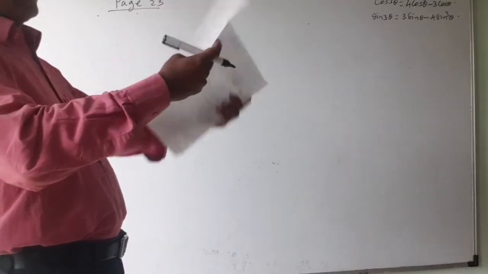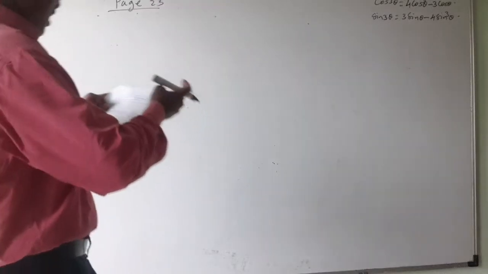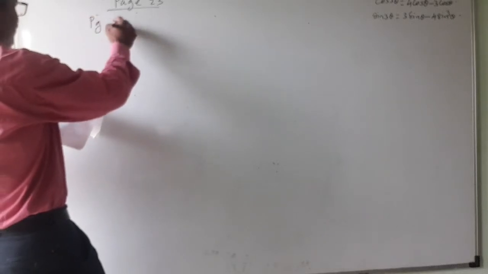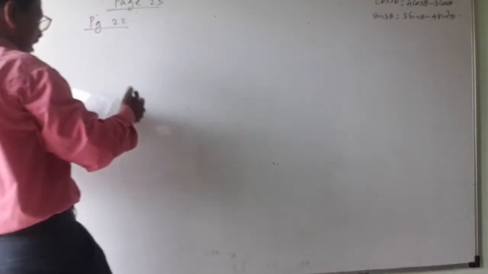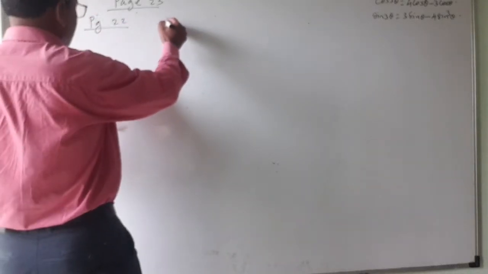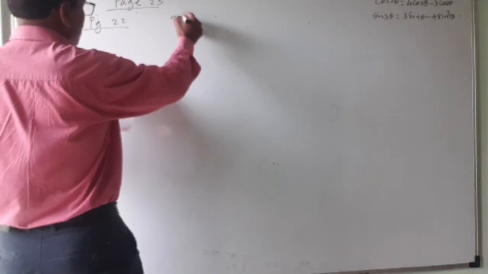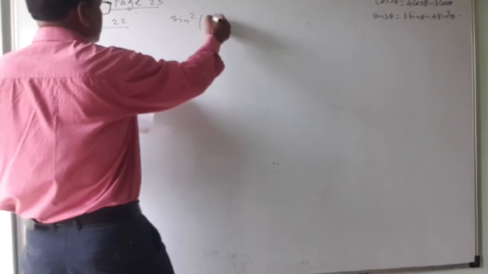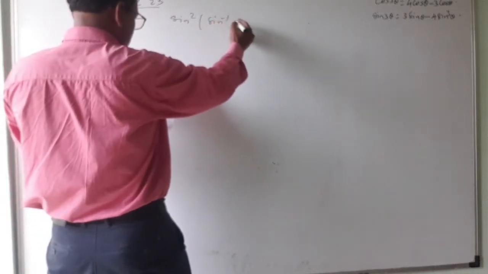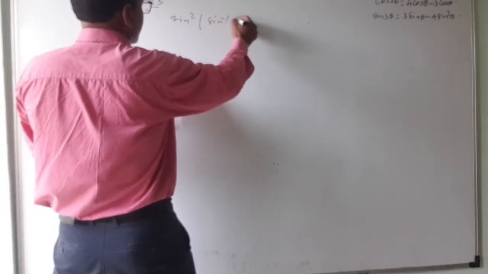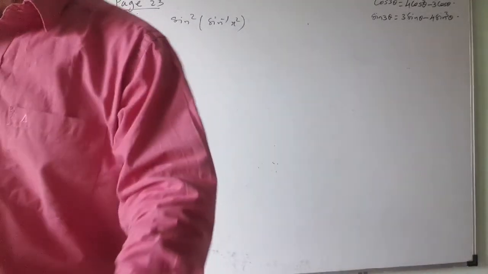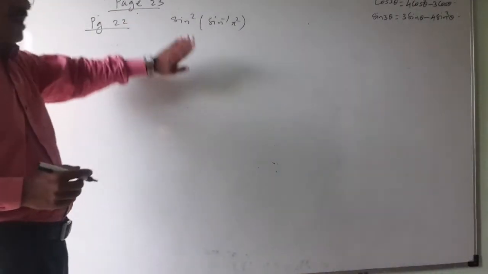One another question, yes, on page number 22, that I forgot to take. That is a very important question. Sin square of sin inverse x square. This question I have to solve. This will come for 1 mark.